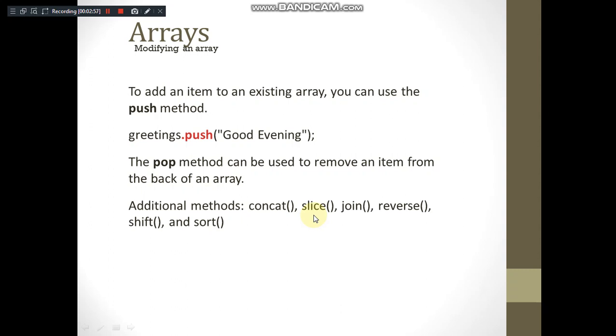The same kind of operations on the beginning of the array can be done by using the shift and unshift operations. That is, you can remove and insert the elements on the left side of the array by using the shift and unshift functions respectively.